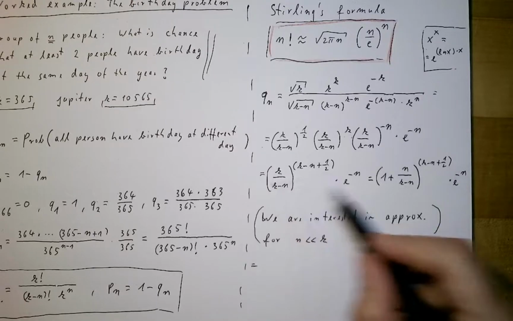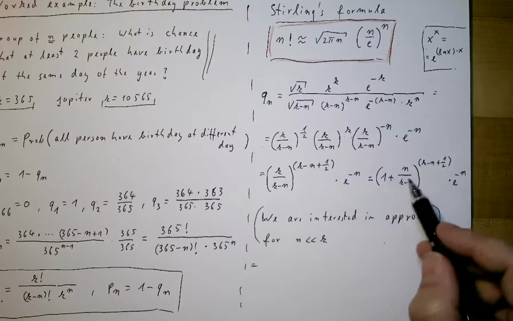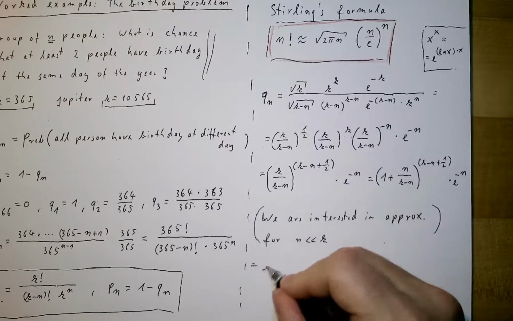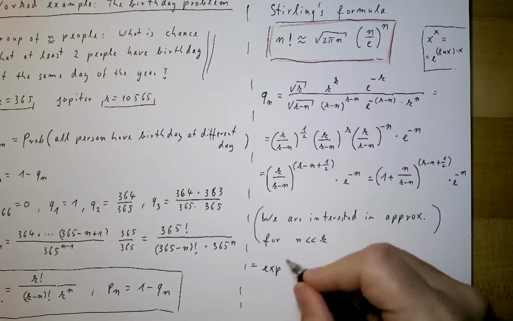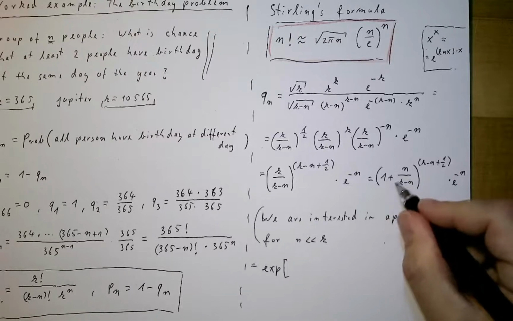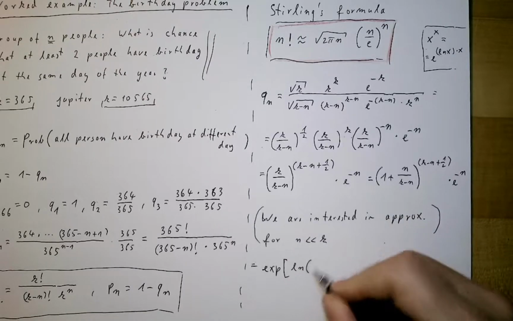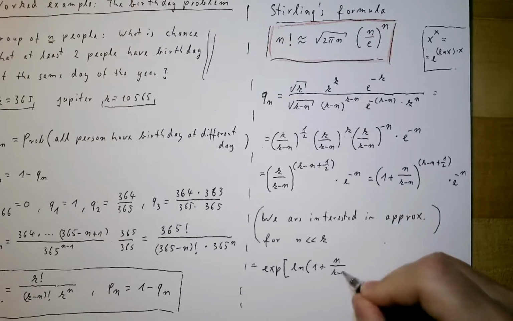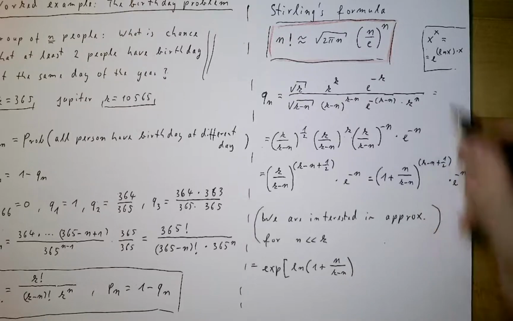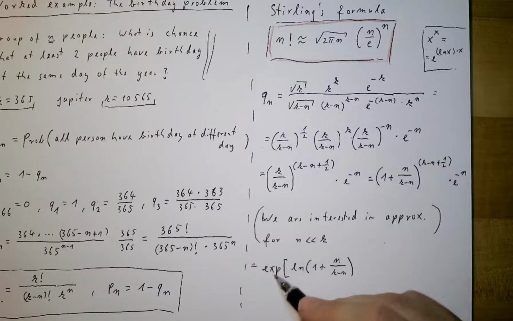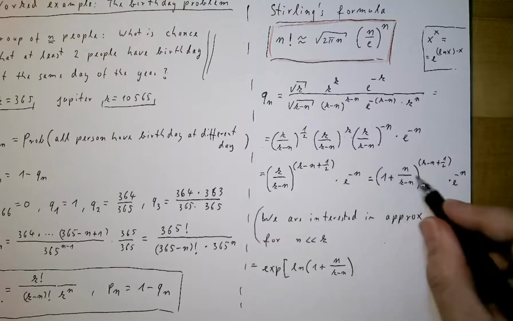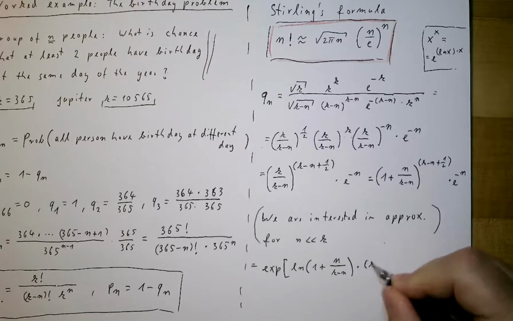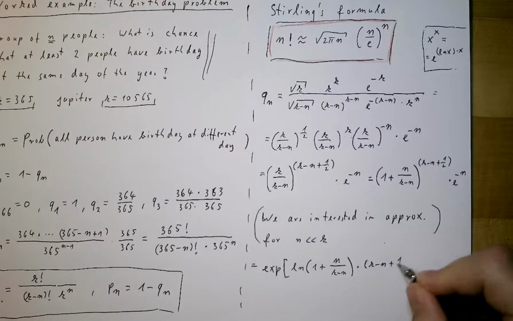That was just a remark to show you what we are interested in. Now we continue with our reformulation. We rewrite this as the exponential of the logarithm of 1 plus n over k minus n, times the exponent k minus n plus 1 over 2.